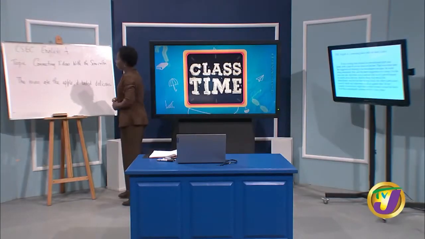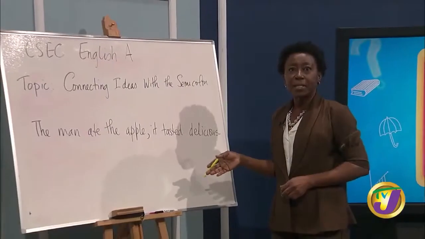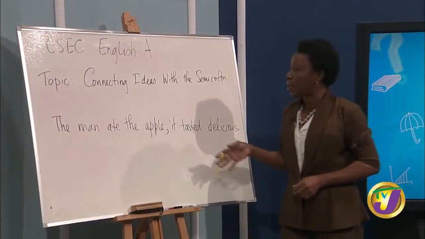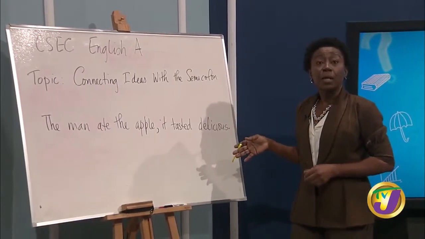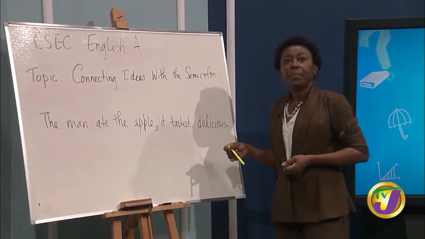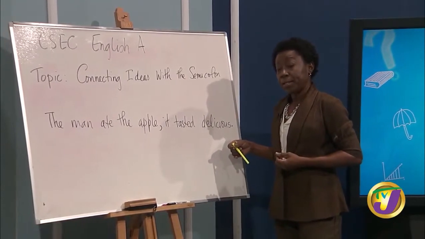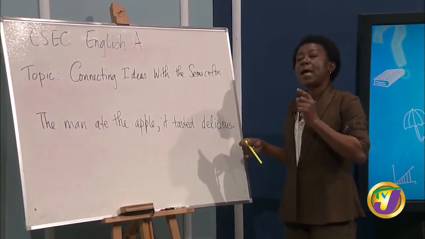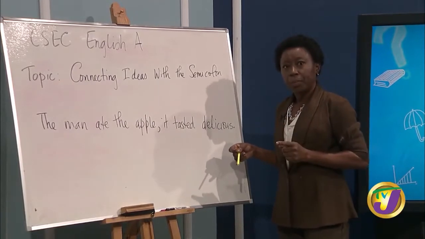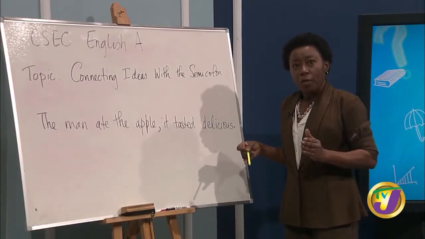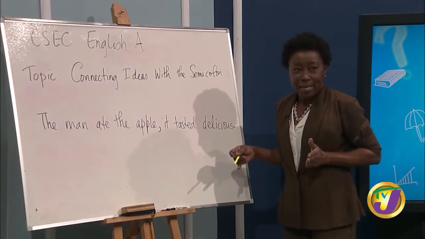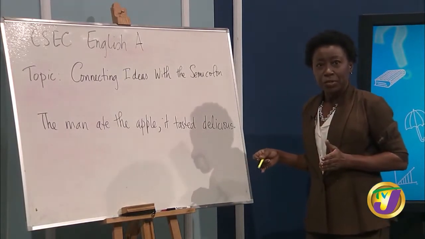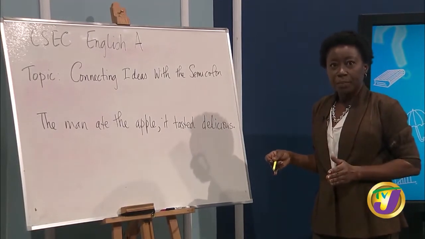Now, I would like to just go to the board right now to show you something that you need to pay attention to. Look at this sentence. It says, the man ate the apple, it tasted delicious. Now, if you have been following our discussion, you would know by now that an independent thought is marked off from another independent thought in a sentence with a semicolon.